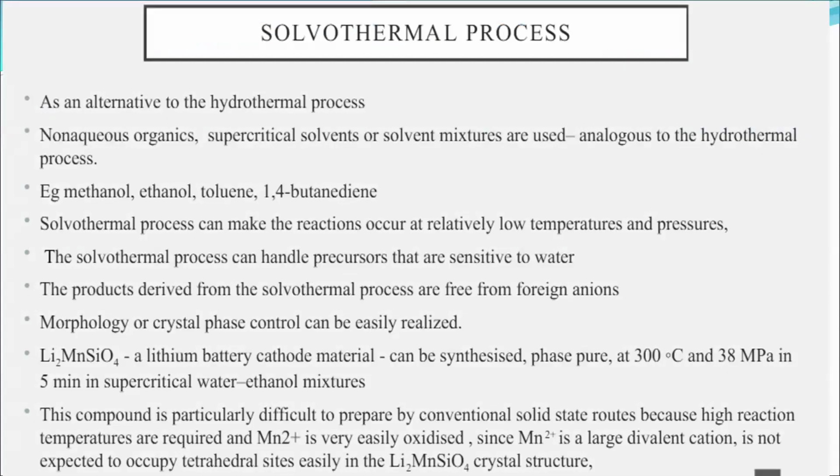So one more is the solvothermal process, an alternative to the hydrothermal process. Here, nonaqueous organic supercritical solvents or solvent mixtures are used, analogous to the hydrothermal process. For example, methanol, ethanol, toluene, or butane, like the gas present in the cylinders.